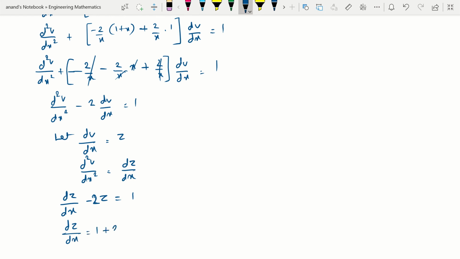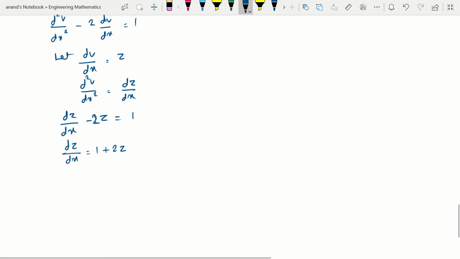Now by separating the variables we can obtain the solution of this differential equation, or in other words, this can be solved by linear form of differential equation. So let us solve it by linear form of differential equation. This equation is in z.